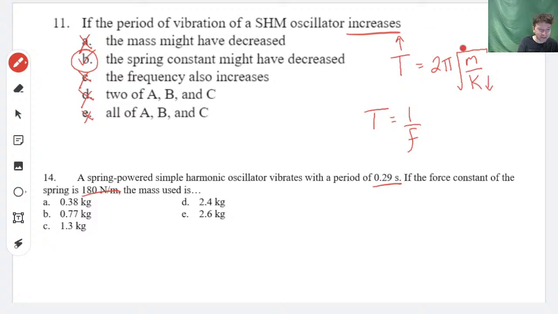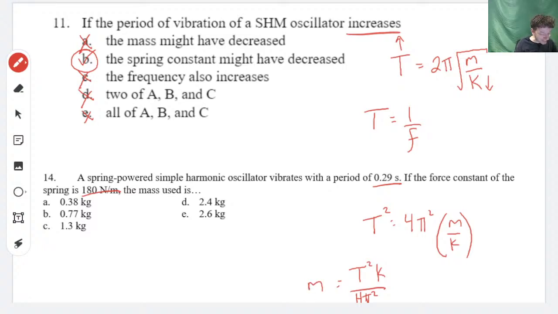We use this period equation up here. Get rid of the square root, so square everything. We get T squared equals 4 pi squared times m over k. And then we are solving for the mass. So multiply by k. You get T squared k divided by 4 pi squared, and that equals m.